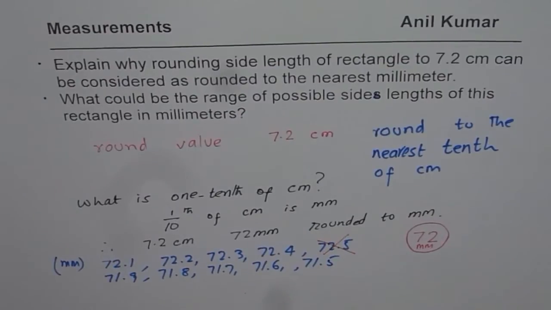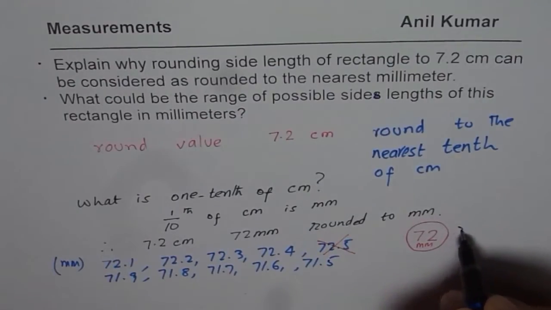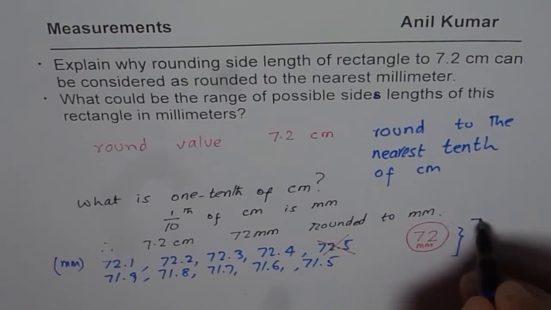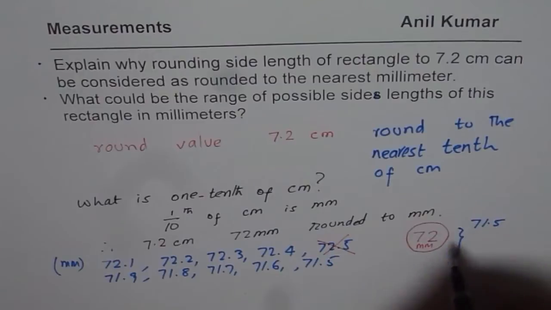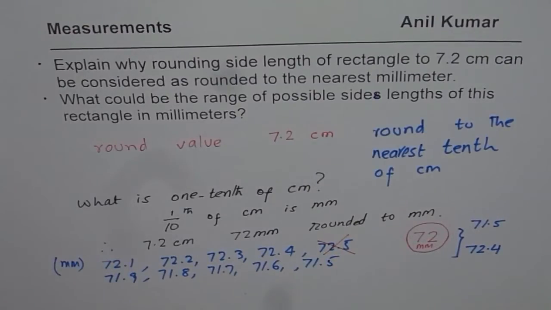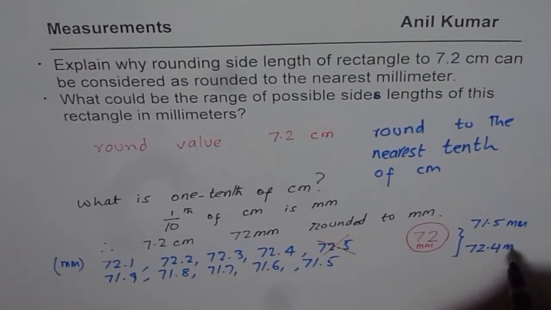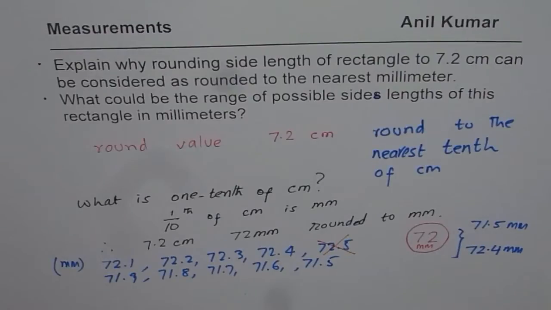And therefore, we get our answer that the range in this particular case is from a minimum of 71.5 to a maximum of 72.4, in millimeters. And that is going to round to 72 millimeters. So that is how you can answer this question.